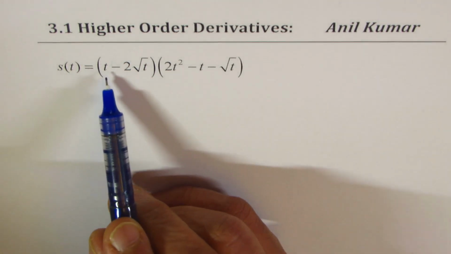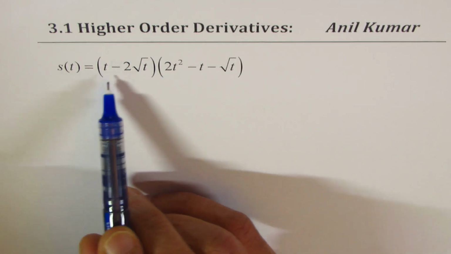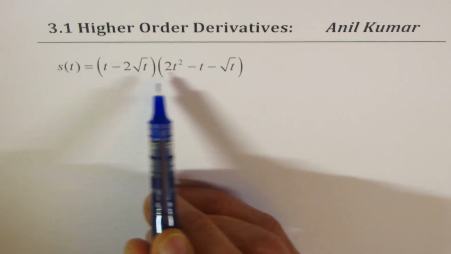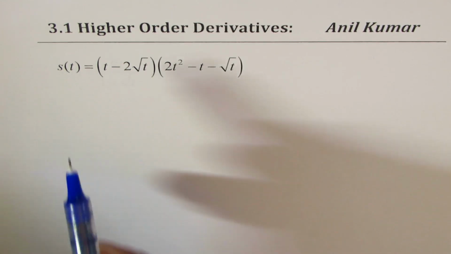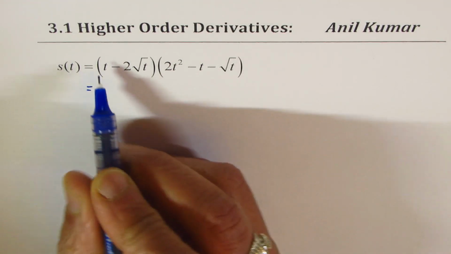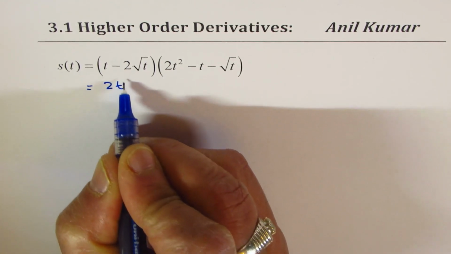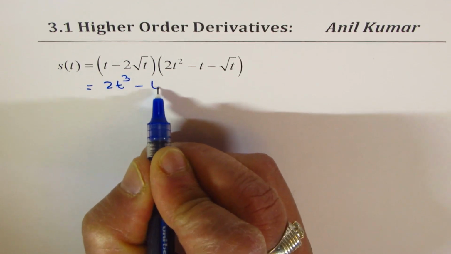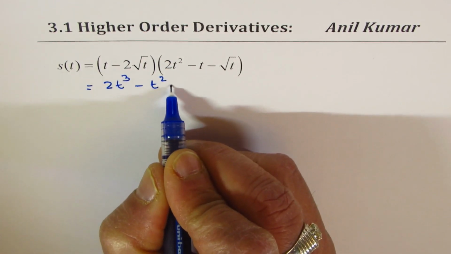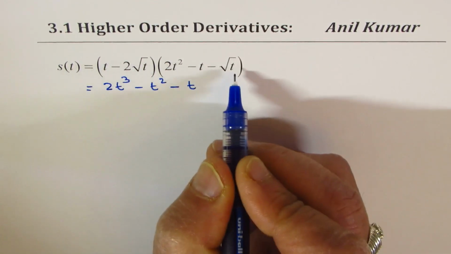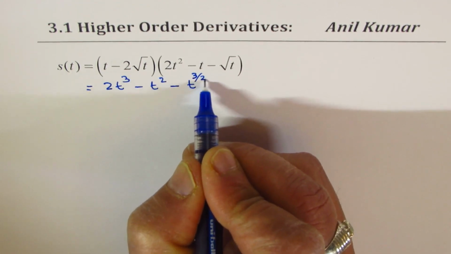At times you may get a function like this, where displacement is given as a product of two factors. I will suggest that you expand it. So when you expand, t times 2t square will be 2t cube, just multiply, minus t square, and that gives you minus t to the power of 1 plus half, 3 over 2. Is it okay?